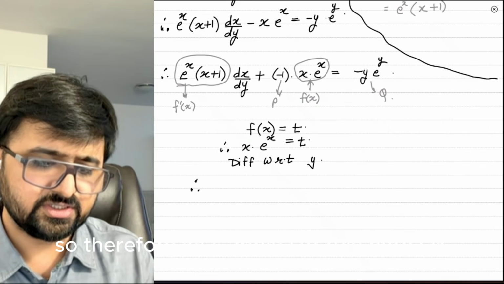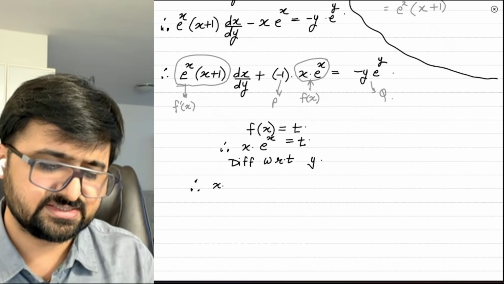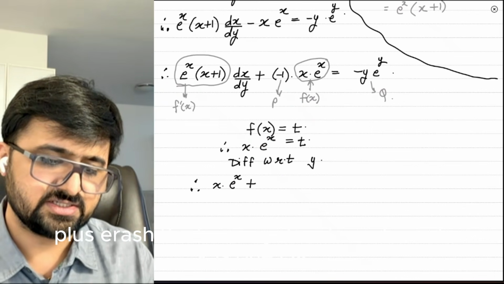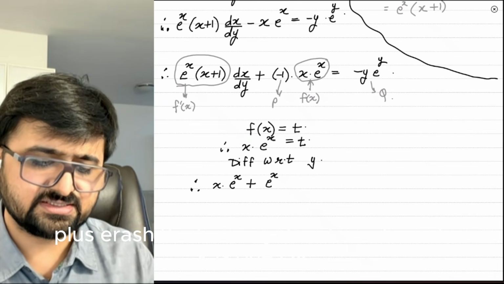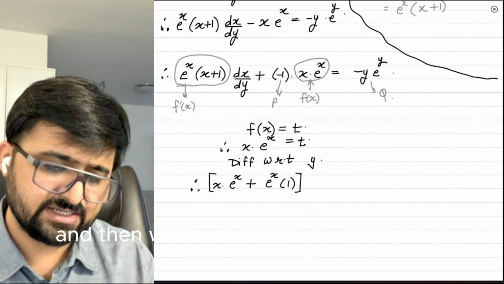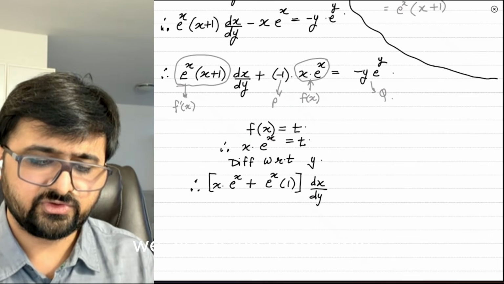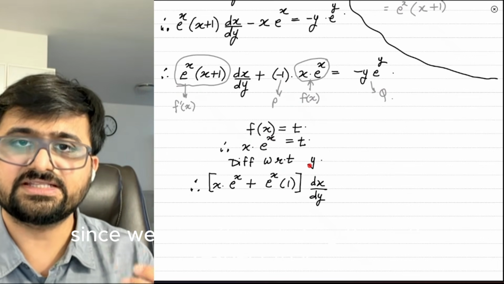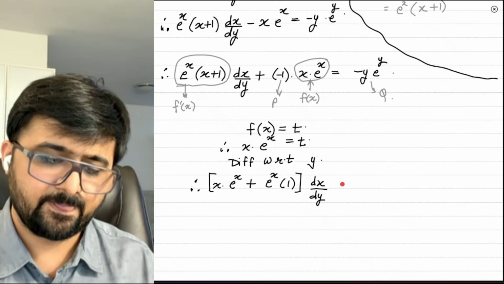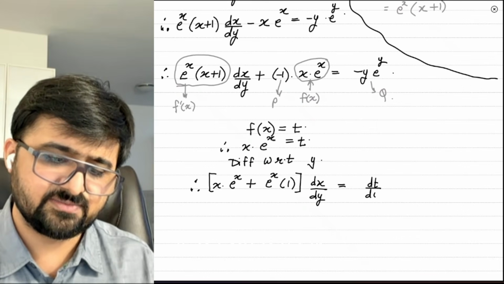So therefore, let's apply the UV rule here. Okay, UV rule. So x the way it is into derivative of e raised to x, which is e raised to x, plus e raised to x the way it is, derivative of x is 1. Okay, and then we also have to do dx by dy by chain rule. Since we are differentiating this with respect to y, we also have to write dx by dy by chain rule, equal to derivative of t with respect to y, which is dt by dy.